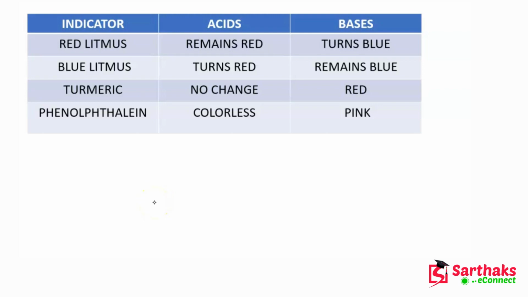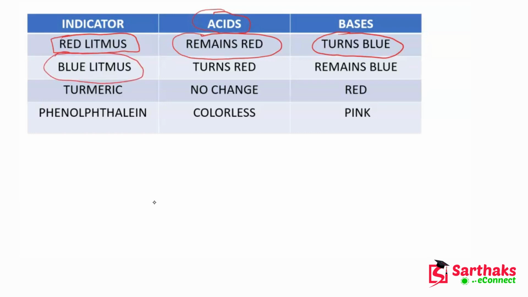The first type of indicator is red litmus paper, and I told you that if you dip this red litmus into a basic solution, it will turn blue. But if you dip it in acid, it will remain red. It will not change its color. And what about the blue litmus?